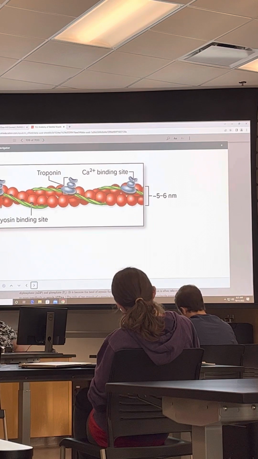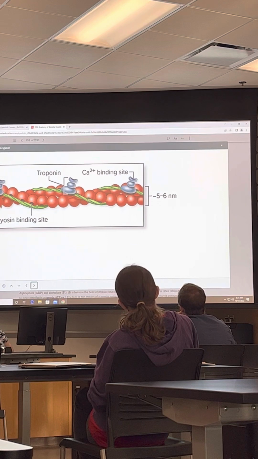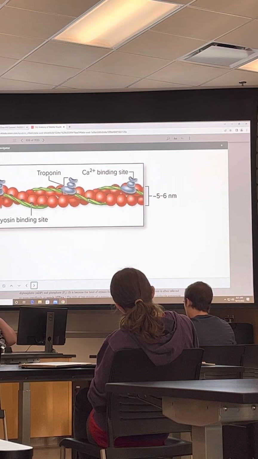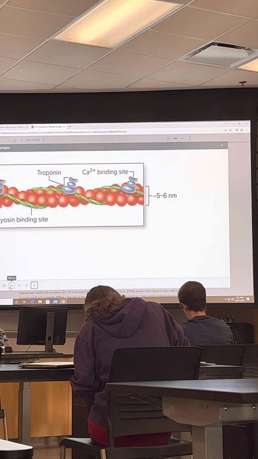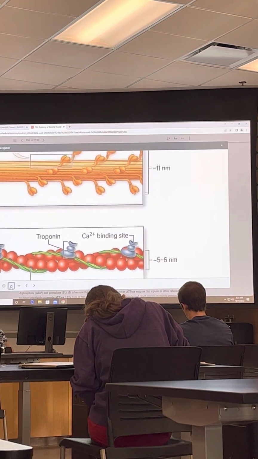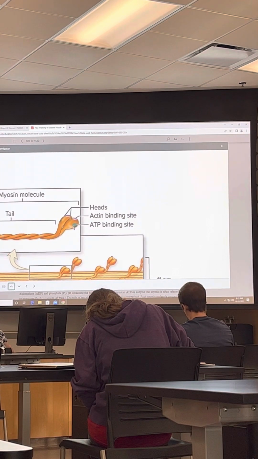And with protein, a change in structure means a change in shape, in function. Yes. So that change will move the tropomyosin away from the myosin binding site. And now the myosin head can attach. Now this myosin head can attach to the actin.